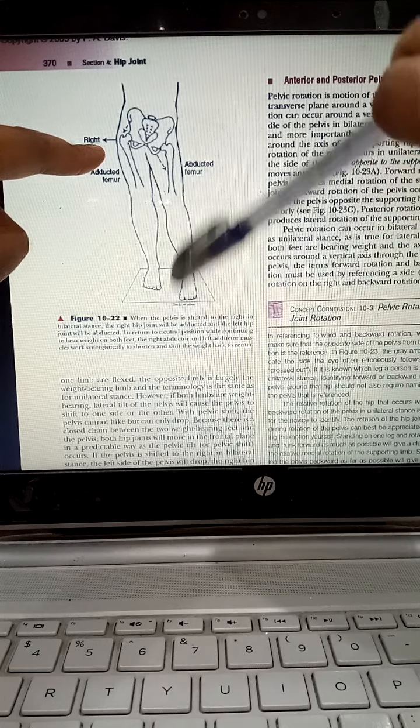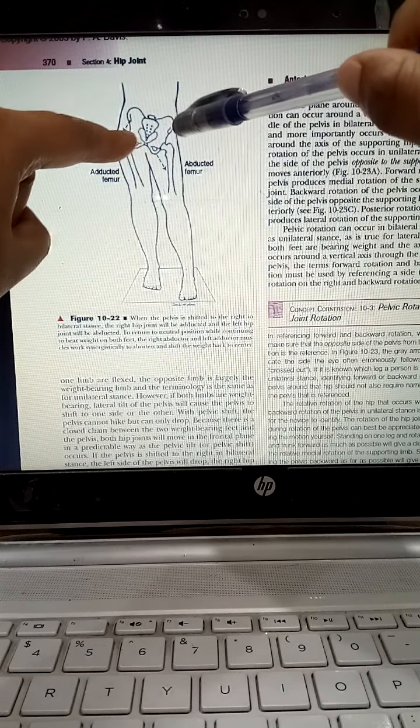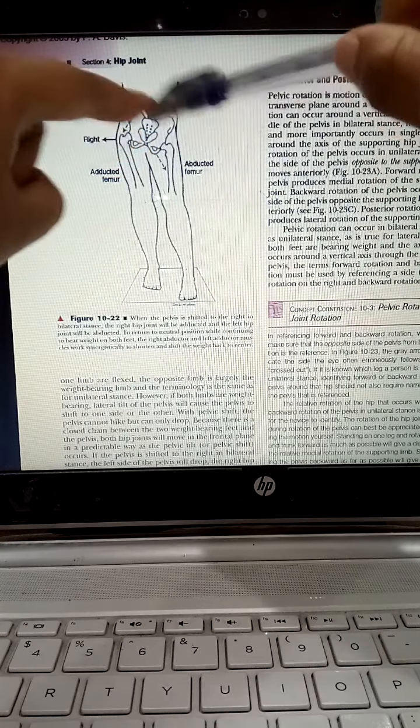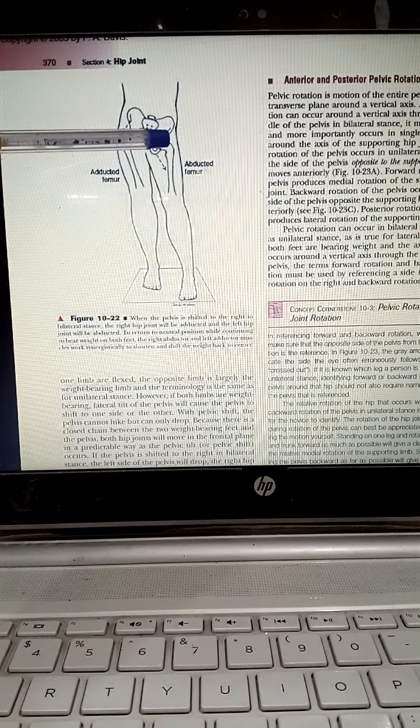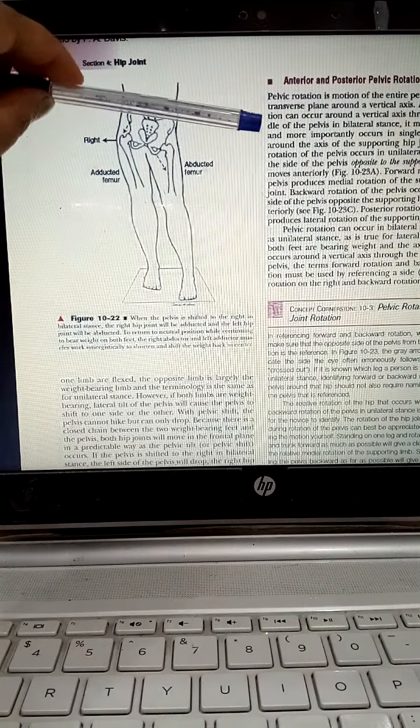So when he shifts his hip or pelvic weight towards the right side, what changes occur in the pelvic bone? You just see the left side of the pelvic drops down. Can you see? It is not in the same line, it is like this.